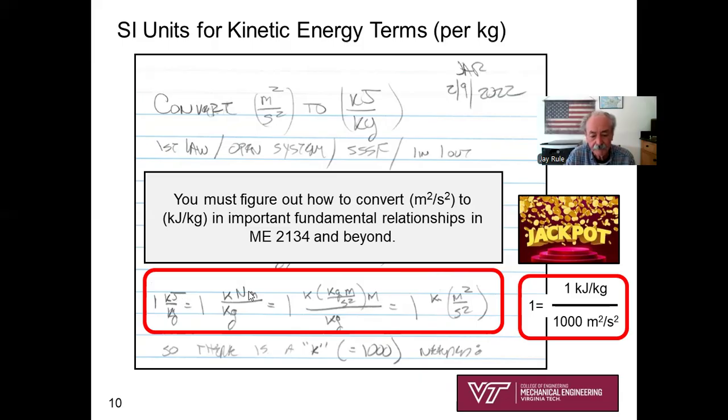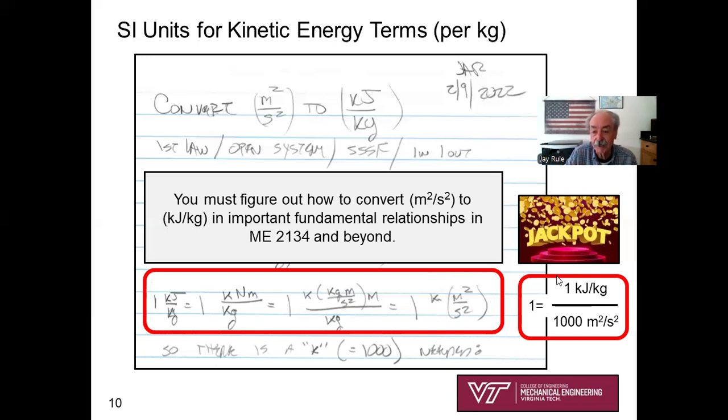We go through and discern what's a joule? Well, it's a Newton meter. What's a Newton? Well, it's a kilogram meter per second squared. Now I'm down to basic units, and I can see that 1 kilojoule per kilogram equals 1 kilo, that's 1,000 meters squared per second squared. And so here is our conversion factor. So you can derive this.